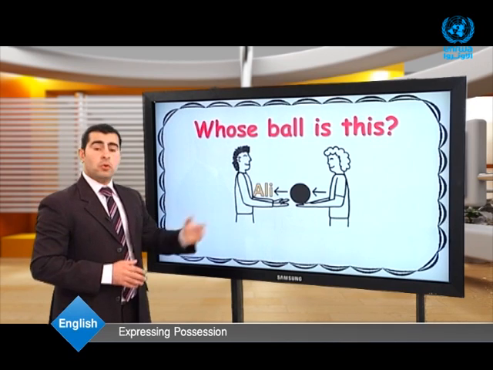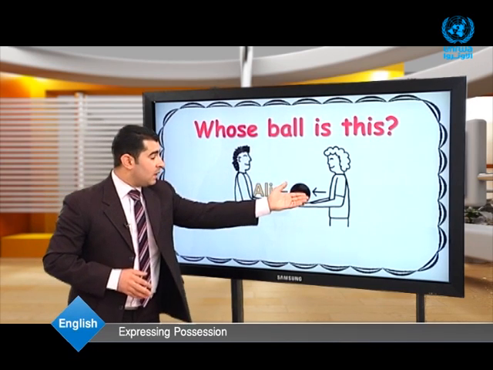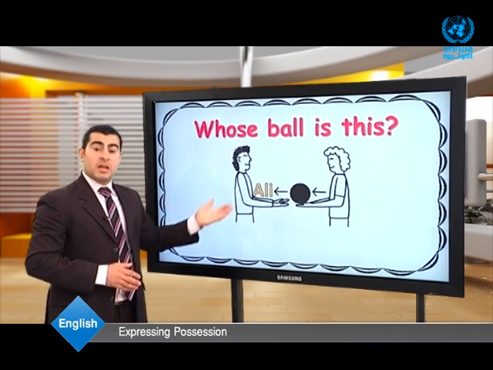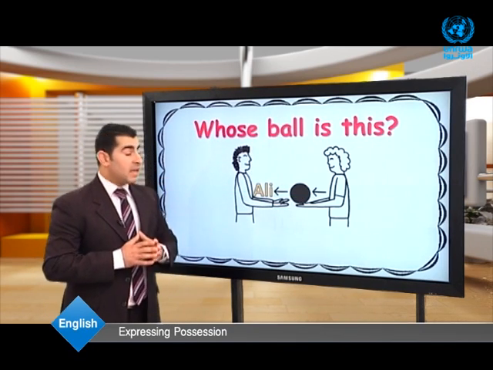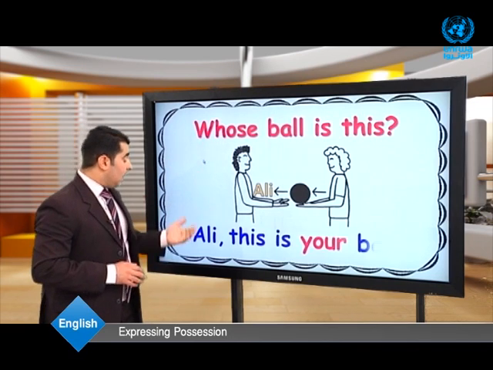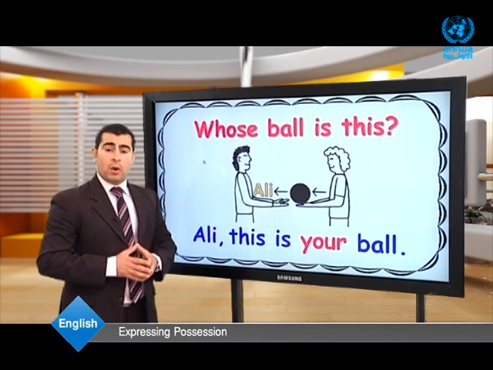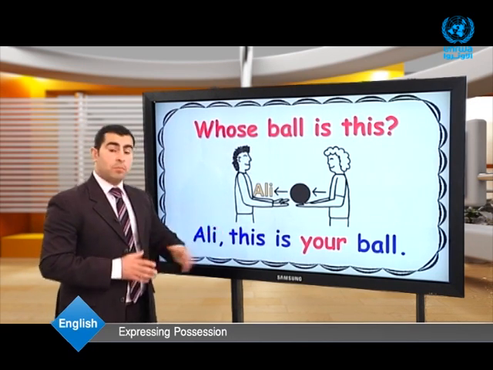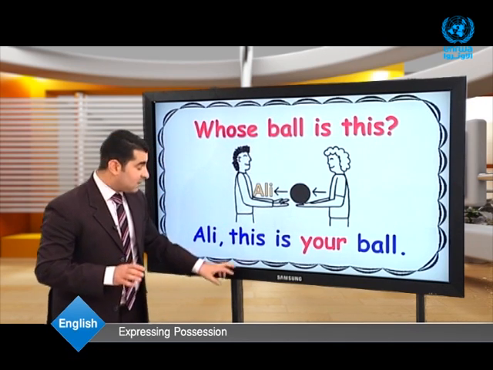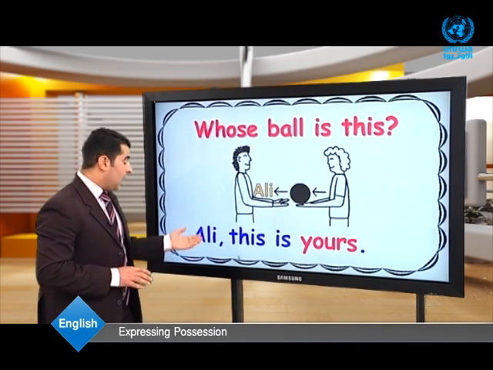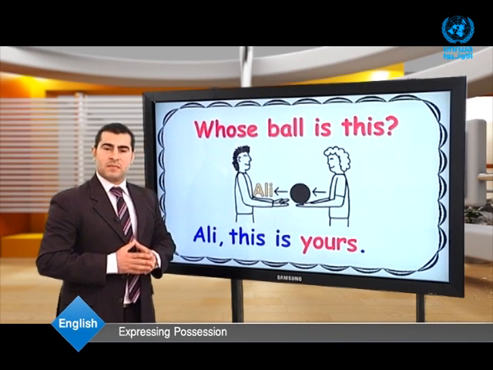Look, we have two persons. This one is giving Ali his ball. This man is saying, Ali, this is your ball. Now, we will delete the word ball and say, Ali, this is yours.